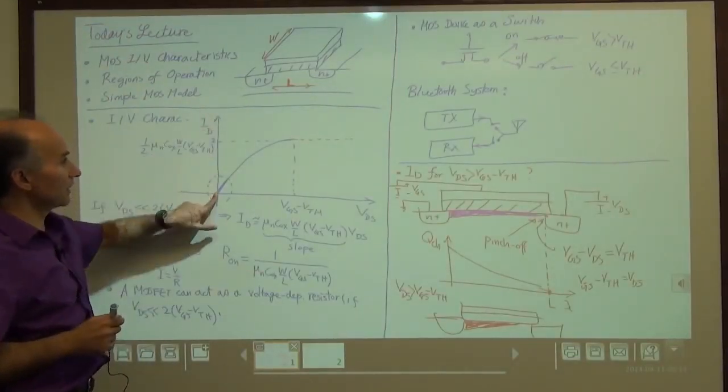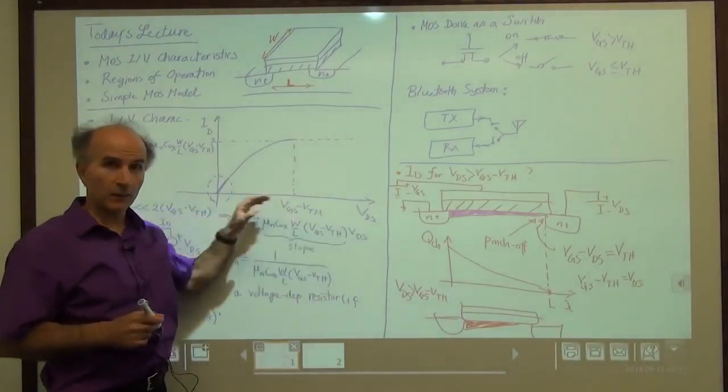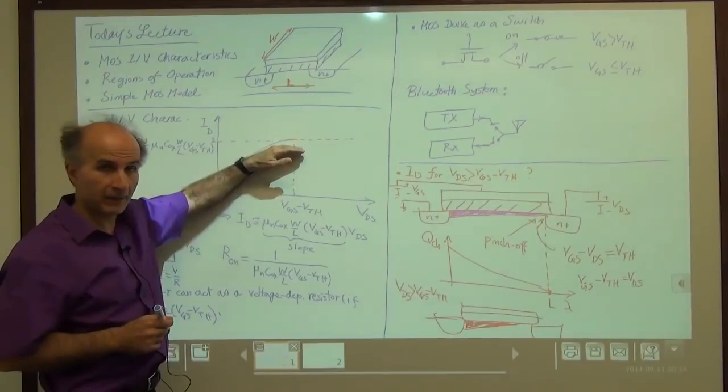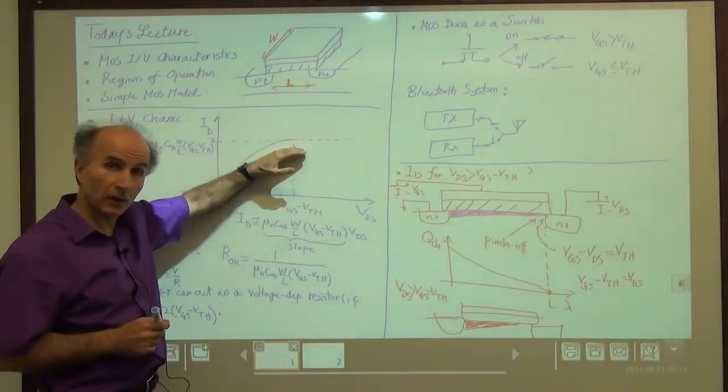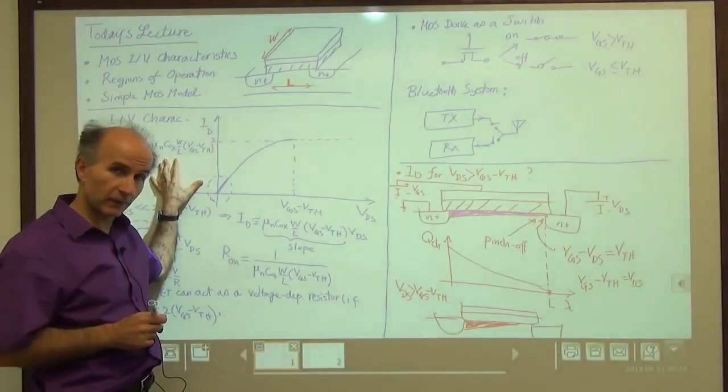Okay, so remember this equation, this plot. We had ID as a function of VDS. We started at 0. As VDS increased, we reached a maximum. The maximum was given by 1/2 of mu n C ox W over L (VGS minus VTH) squared.